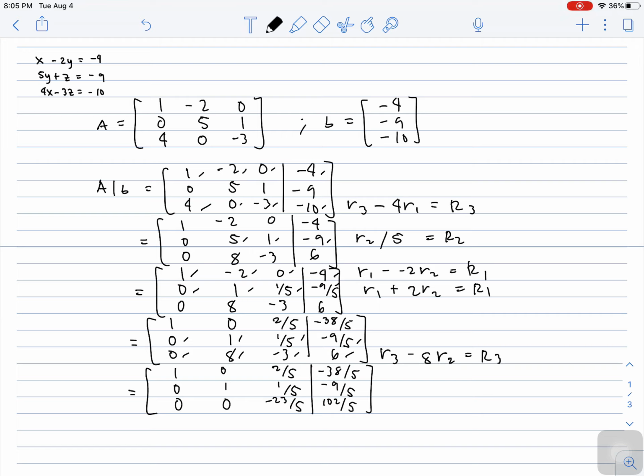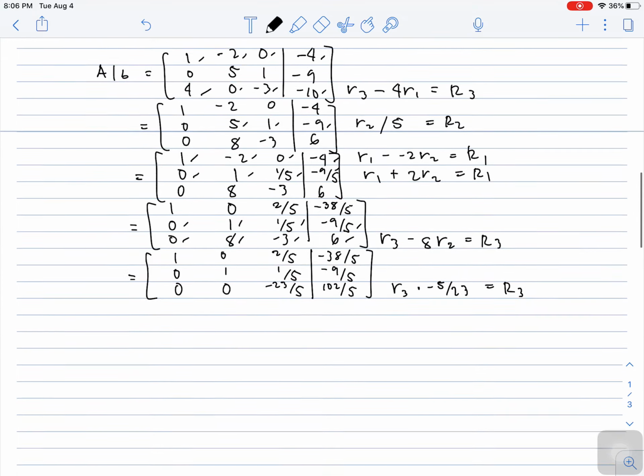Okay, so we are done with the first two columns. Then we need to change this value into 1. So we are going to change r sub 3. r sub 3 multiplied by the reciprocal of that number, which is negative 5/23, is equal to the new r sub 3.